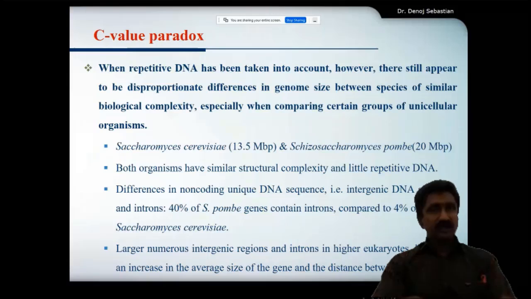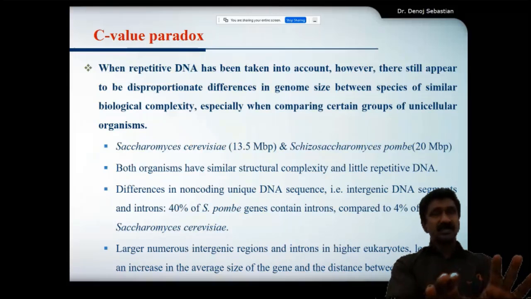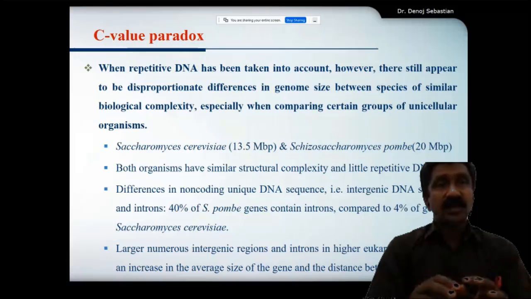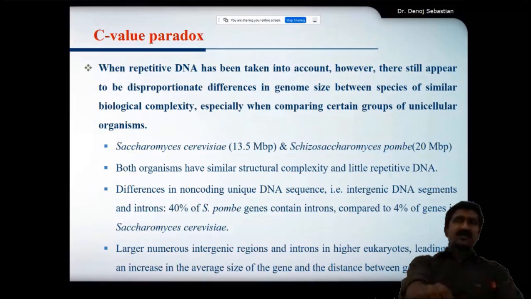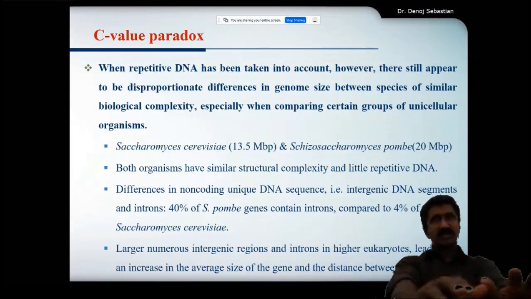Then the next one: there are larger, numerous intergenic regions and introns in higher eukaryotes, leading to an increase in the average size of the gene and the distance between the genes. These intergenic regions and introns in higher eukaryotes cause larger differences in the average size of the gene.